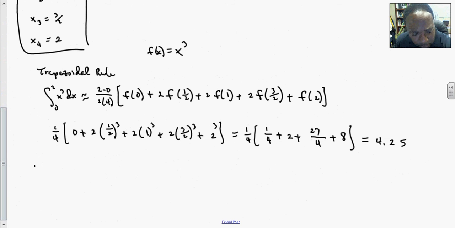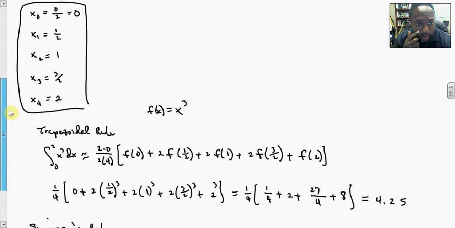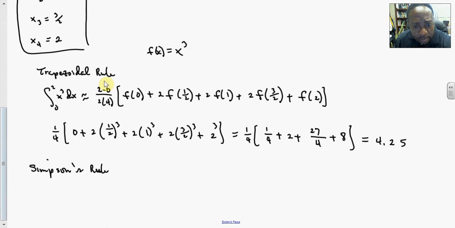Now for the Simpsons rule. The subinterval count is the same. Here, the Simpsons rule refines the trapezoidal rule.